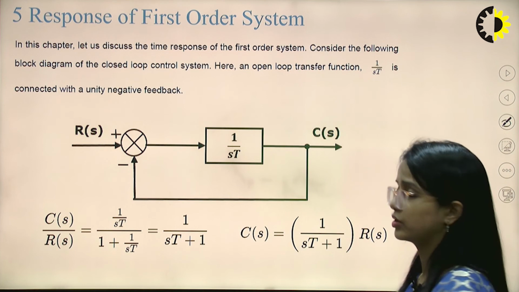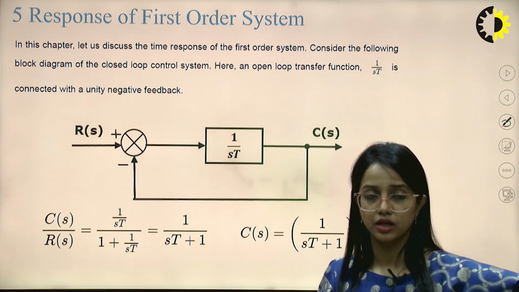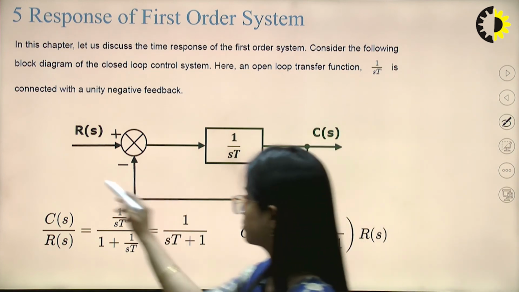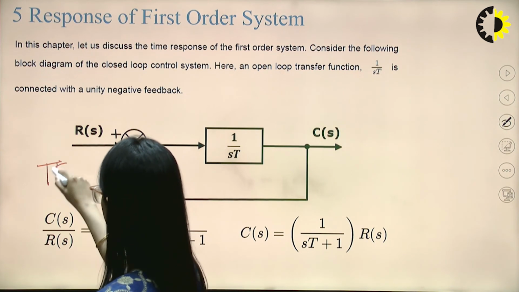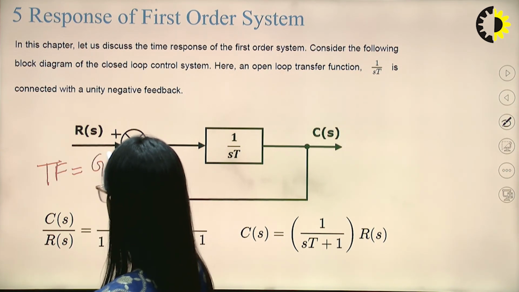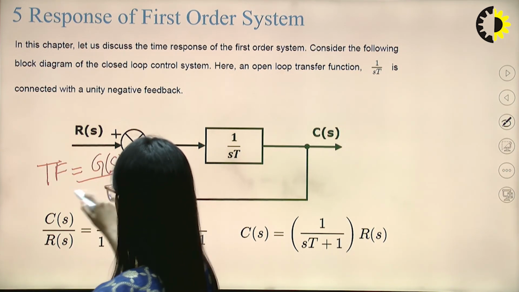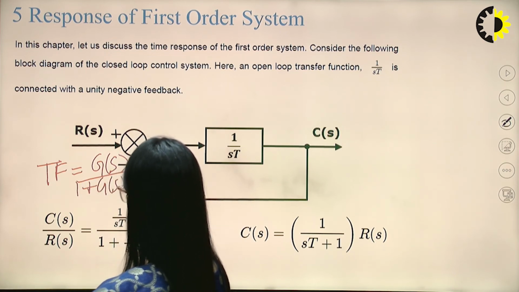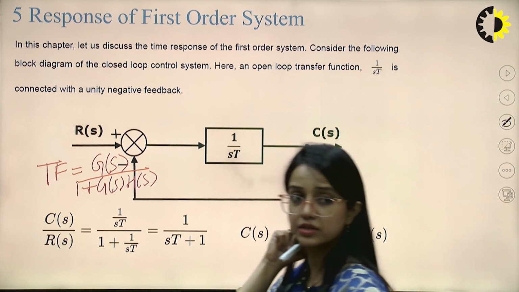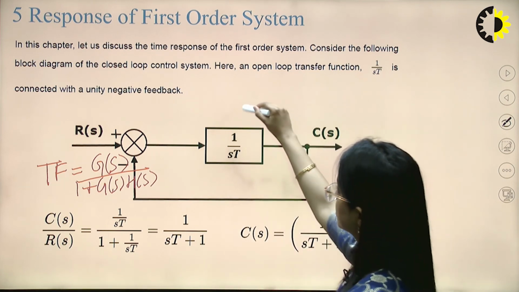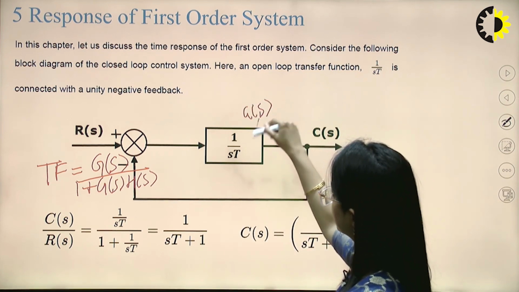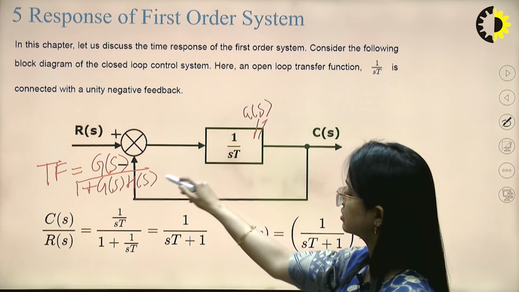Of course, I know that the overall transfer function of a negative feedback system is G(s) upon 1 plus G(s)H(s). So here in the present question, this term is G(s), and H(s) is nothing but 1.